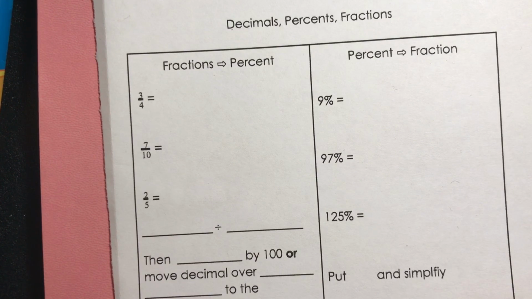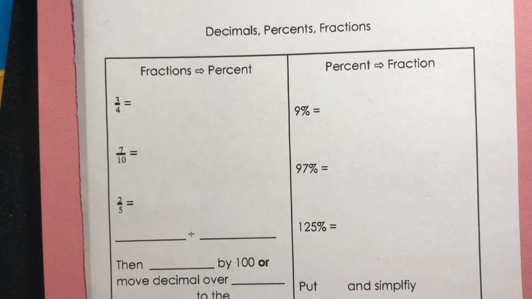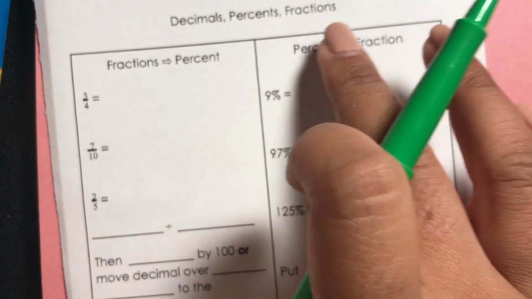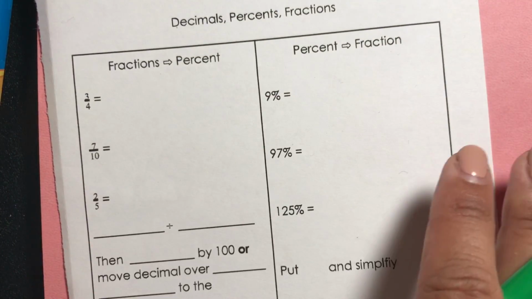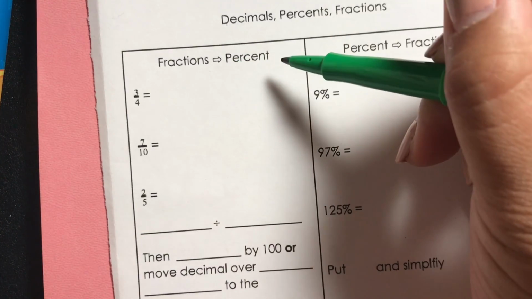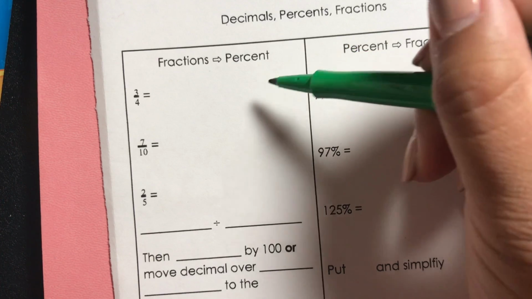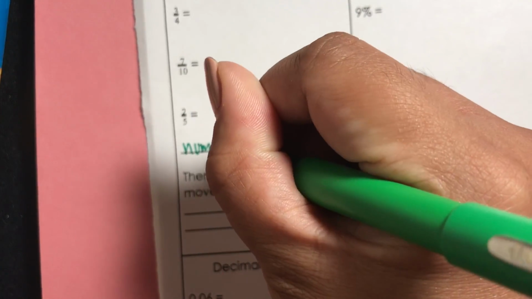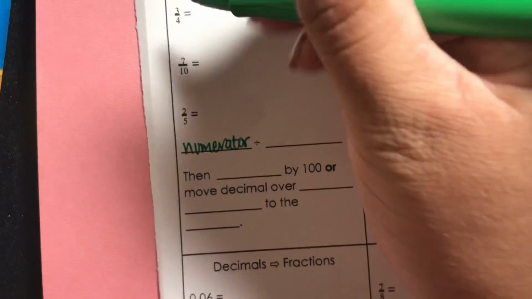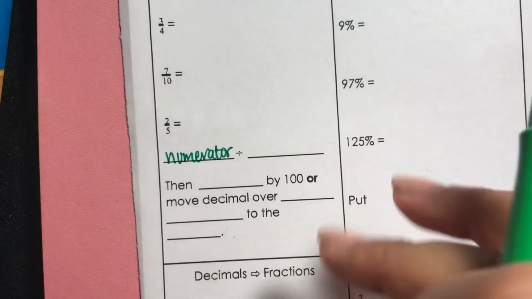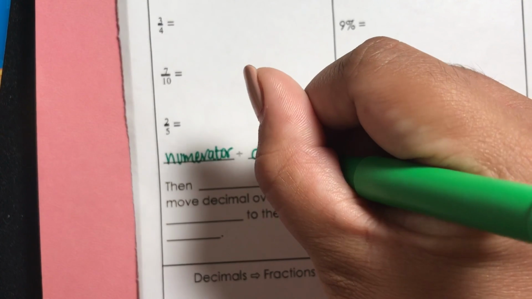So let's jump right in and just go over a basic overview of how to turn each of these things, a decimal, percent, and fraction, into another one. So the first one we'll go over is fractions to percent. For fractions to percent, all you have to do is divide the numerator, which is the top number, the number at the top of the fraction bar, by the denominator, which is the bottom number.